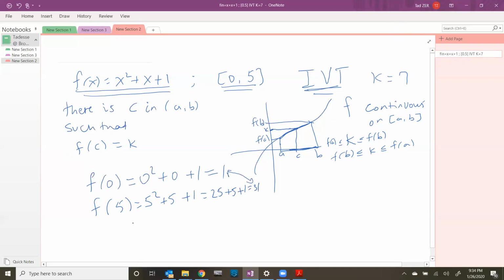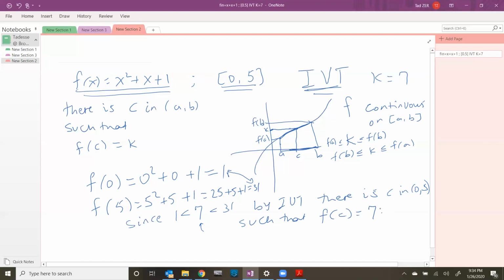The answer is yes. Since f is continuous and 1 is less than 7, the k value, which is less than 31, the conclusion is, by the intermediate value theorem, there is a C on the interval 0 to 5 such that the value of the function at C equals 7.